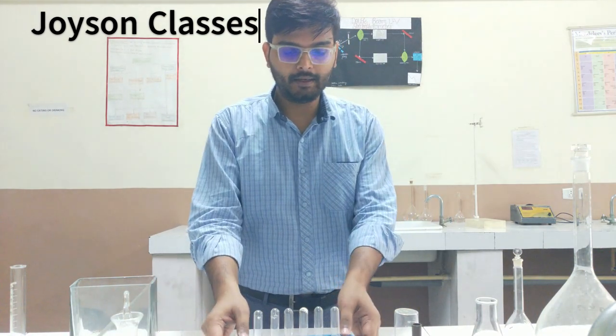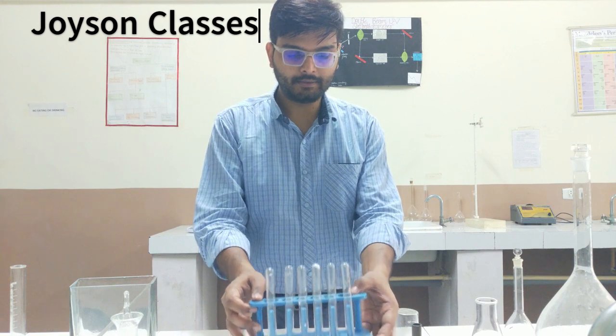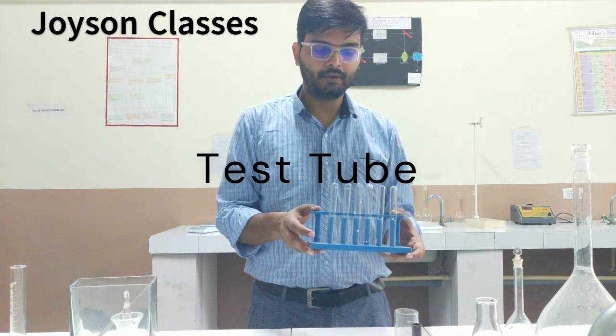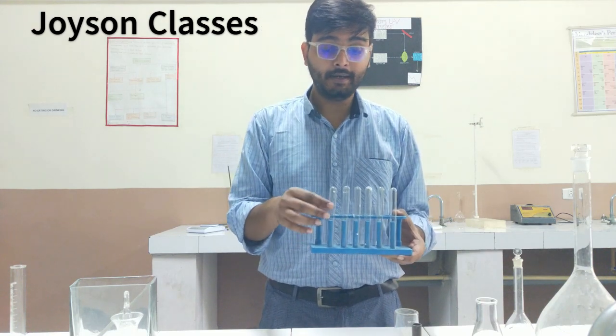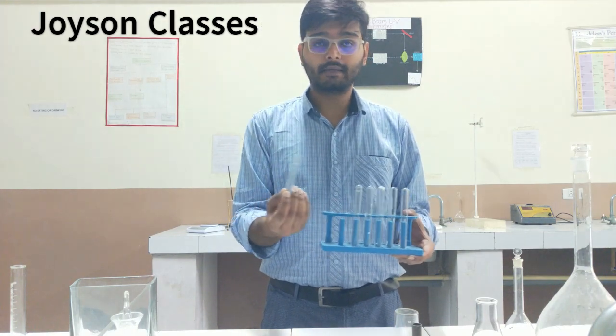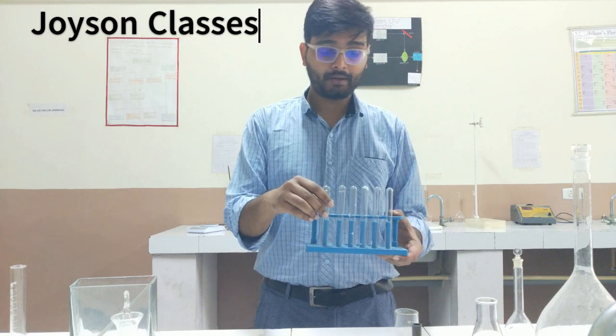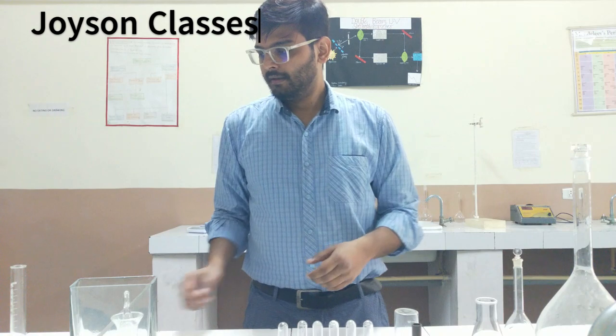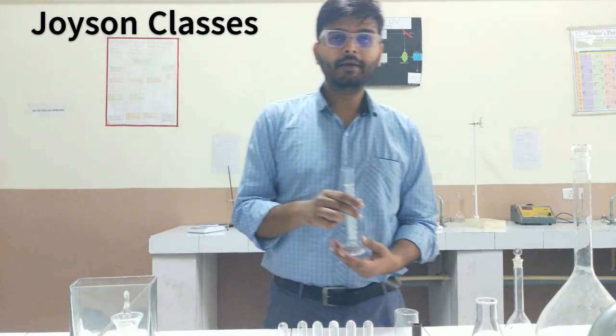And next would be this. I think all of you know the test tubes, and this is on the test tube stand. So this is a test tube. And this is a measuring cylinder.